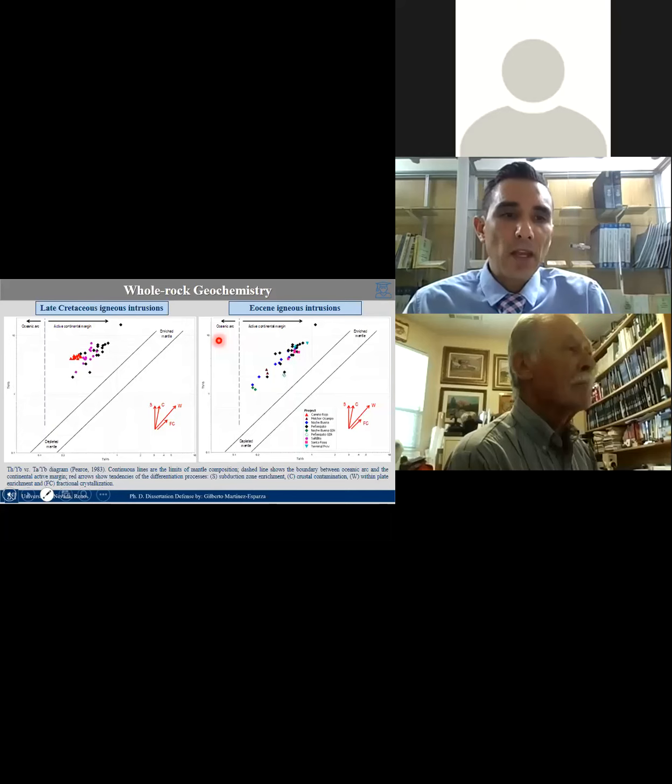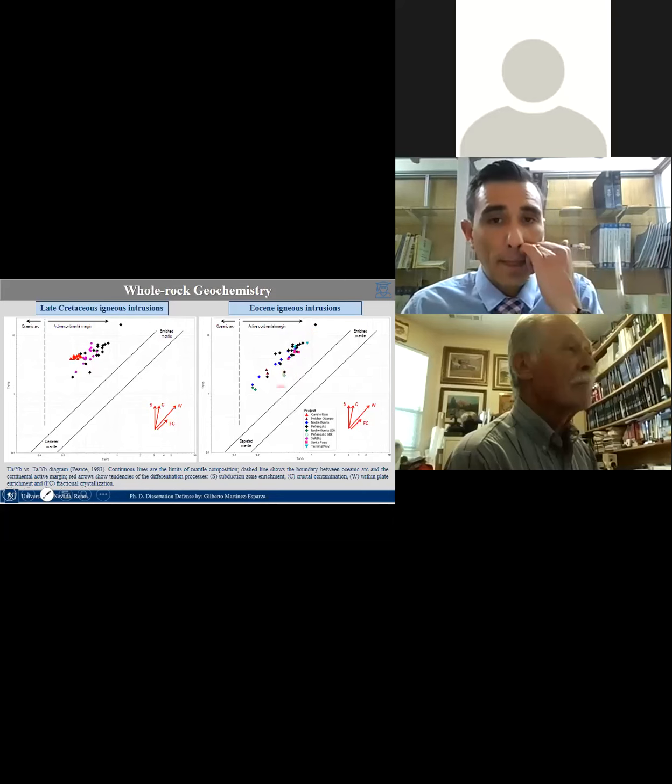Using trace element discrimination diagrams, we can see that all the rocks are, as I mentioned, related with an active continental arc, and one of the possible sources of these magmas was an enriched mantle zone, and most of the rocks experienced the same differentiation process, which is fractional crystallization.